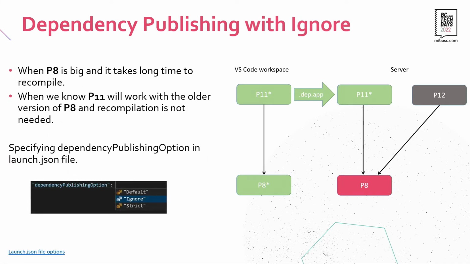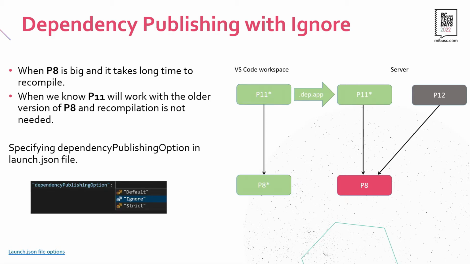More. Since the topic of today's session is customizing, that assumes that you have the flexibility to change that behavior. You can go to your launch.json file. You find the dependency publishing option parameter over there, which is an enum, and you can change that behavior. Why would you want to change that behavior?